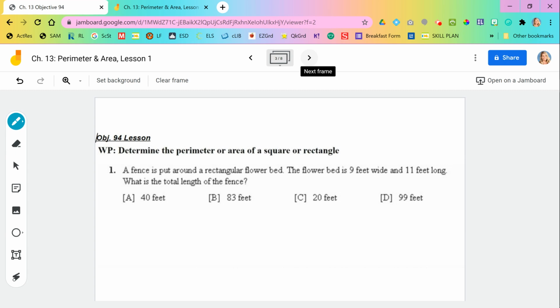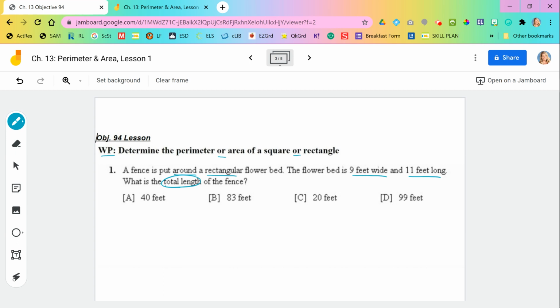All right, so question 1 says a fence is put around a rectangular flower bed. The flower bed is 9 feet wide and 11 feet long. What is the total length of the fence? Sorry, I didn't read the directions, so I skipped them. Word problems: determine the perimeter or area of a square or rectangle.